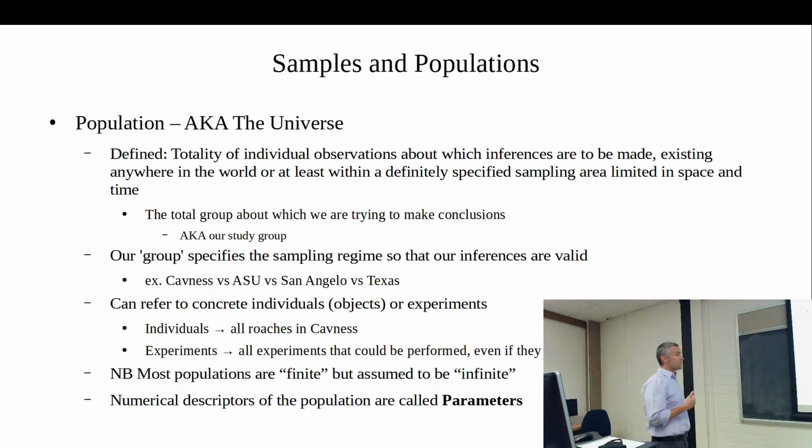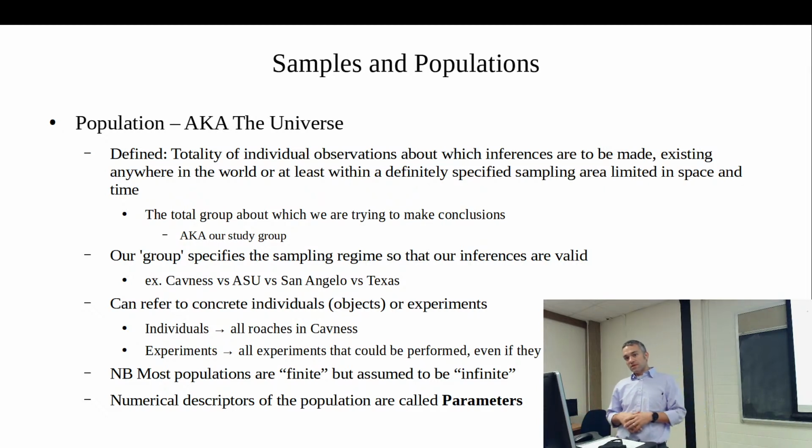All right. So the textbook definition is the totality of individual observations about which inferences are to be made, existing anywhere in the world, or at least within a definitely specified sampling area, limited in space and time. So we can set up boundaries with this population.